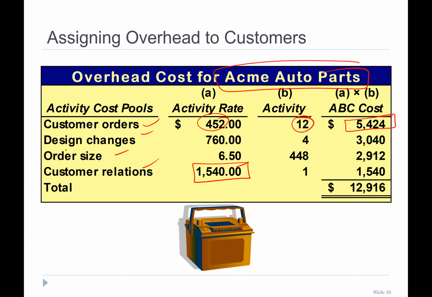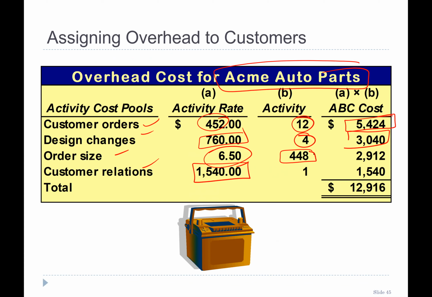Design changes are only for long life. He placed 4 orders, and per order a design change costs us $760, so it is 3,040. For order size, it is 6.50, so the activity is 448, and the answer is 2,912. Customer relation is only 1.